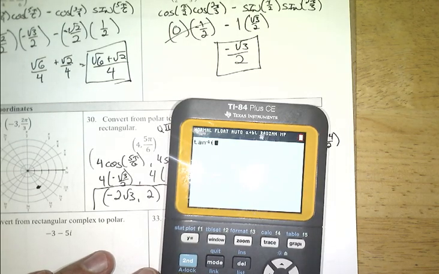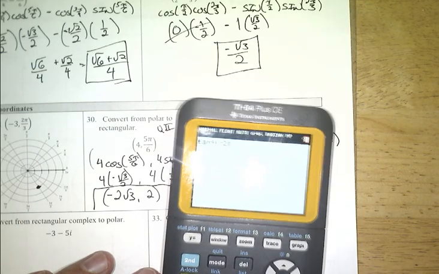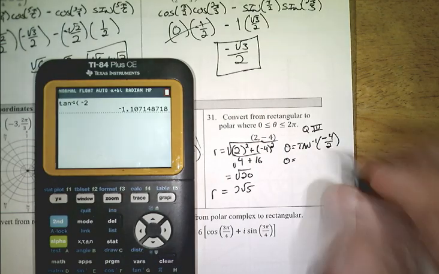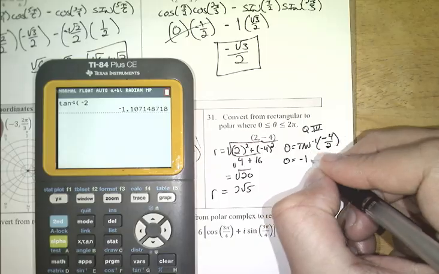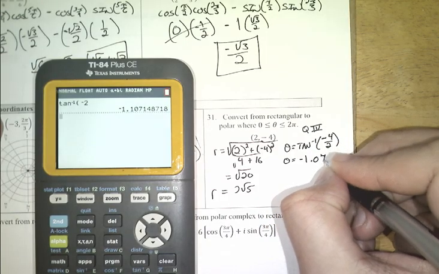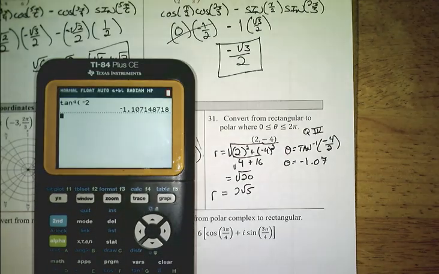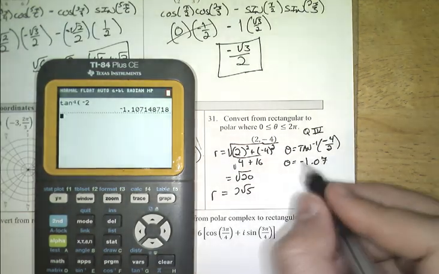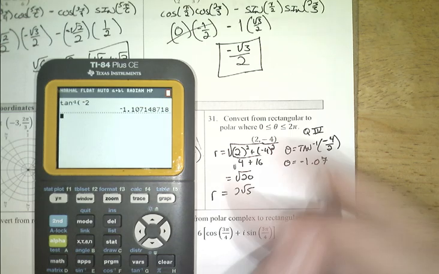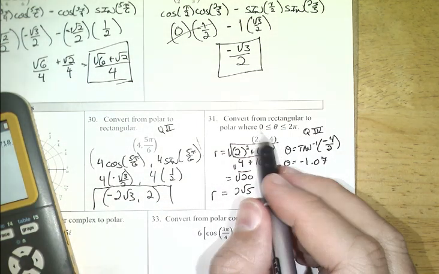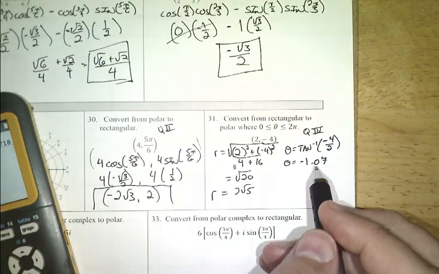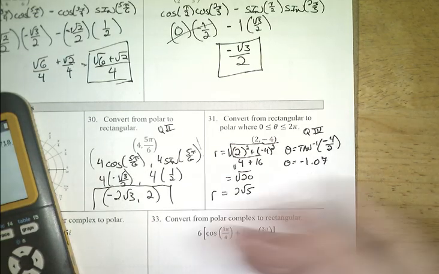Second, inverse tangent of negative 2 is negative 1.07. Now, the problem with this is it's in quadrant 4, but it's negative. It's not in between 0 and 2 pi. So I need to get the quadrant 4 version of this.